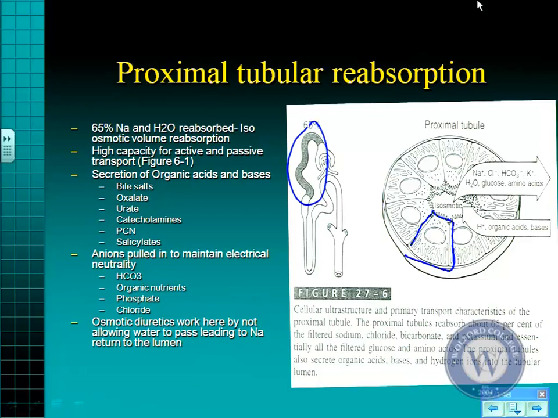And if you look at osmotic diuretics, where they actually work, they work here. Osmotic diuretics poison the proximal tubular system by preventing either sodium reabsorption or by putting enough osmotic load that water doesn't follow where the salt's going. So when I give somebody mannitol, that's an osmotic diuretic.